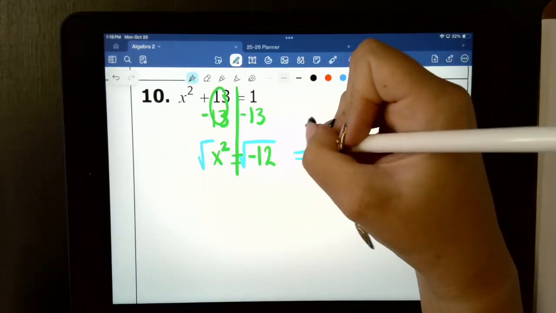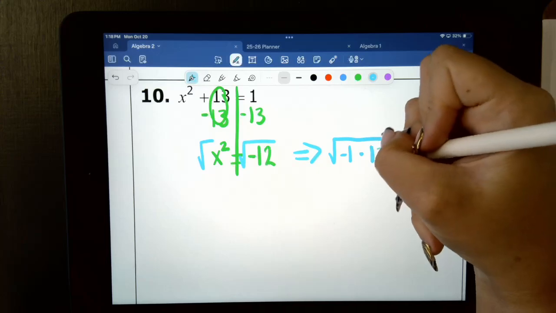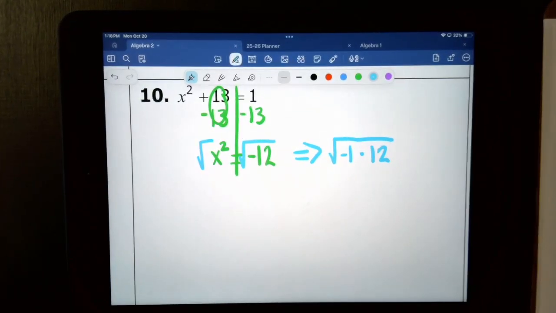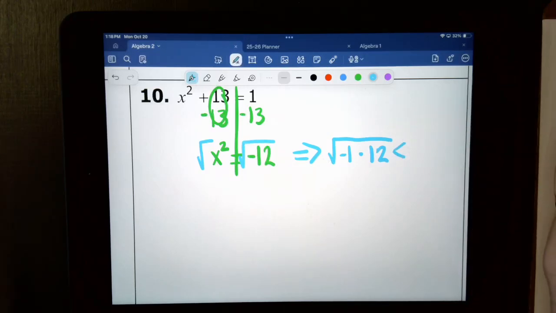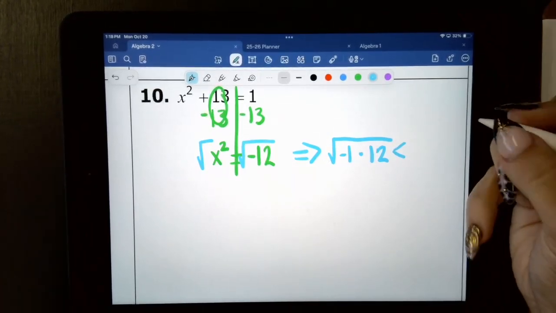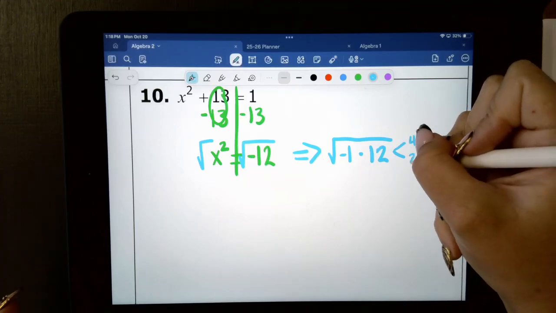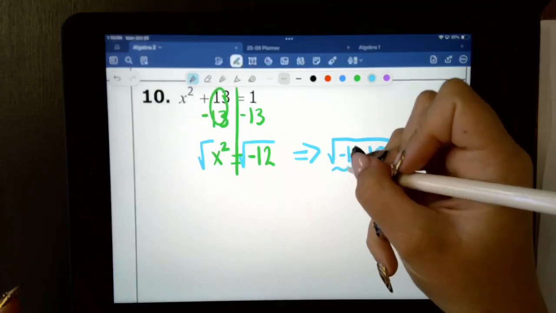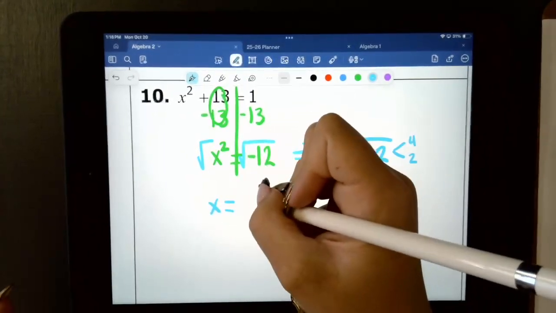Now, if we break this down into negative 1 times 12, what are the factors of 12? 4 and 3 are going to be our best options. Because if we did 6 and 2, neither of those are perfect squares. And 1 and 12 is not either. So 4 is going to be our perfect square. So we know that this is i. So let's go ahead and put that over here.